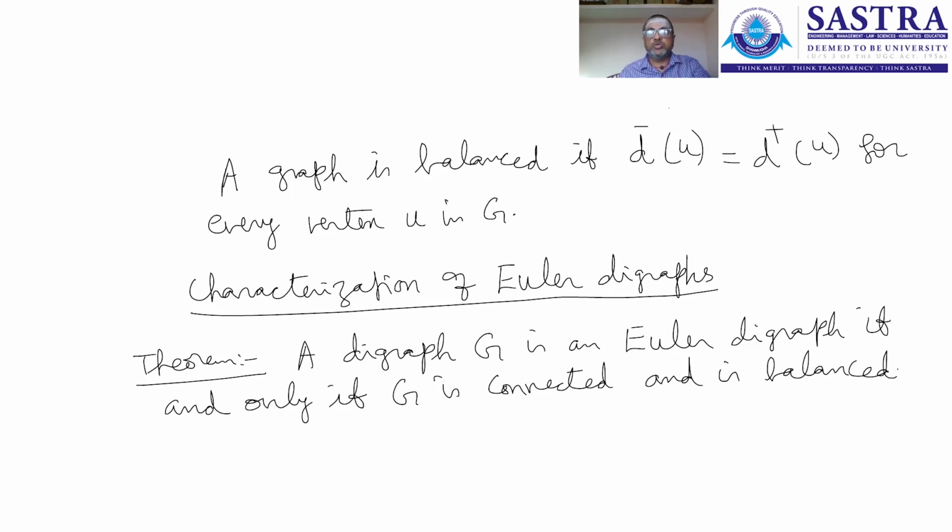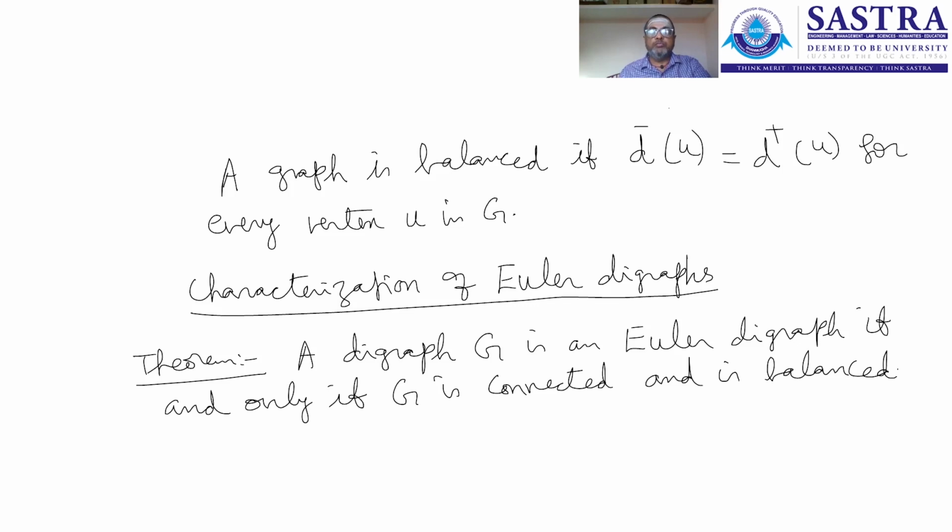The other way is also true: when I take an Euler digraph, it will necessarily be connected and balanced. Balanced implies the in degree and out degree should be the same for all the vertices. And when you want to prove such if and only if theorems, you have to prove the necessary and sufficiency parts.